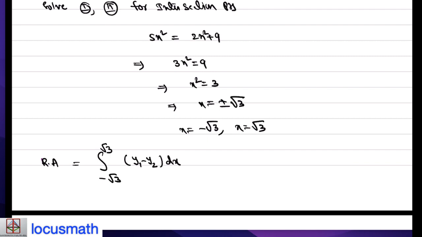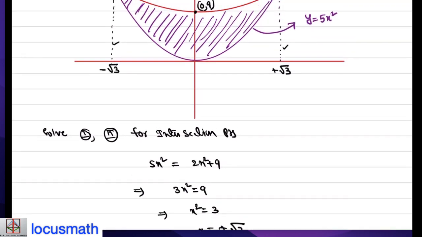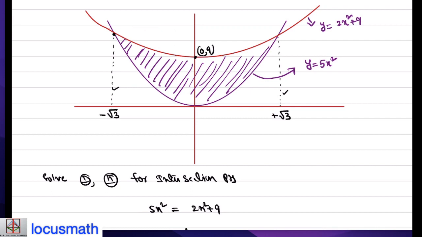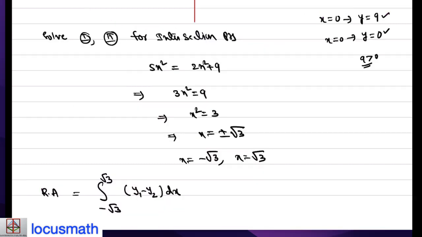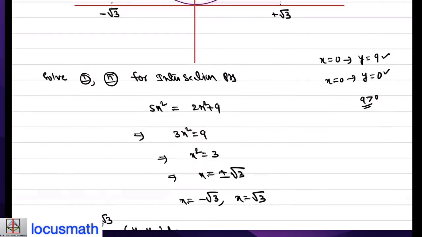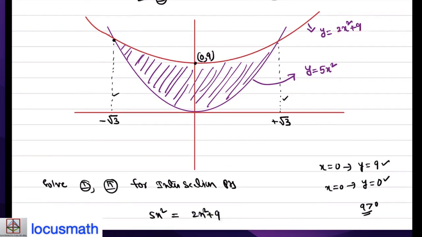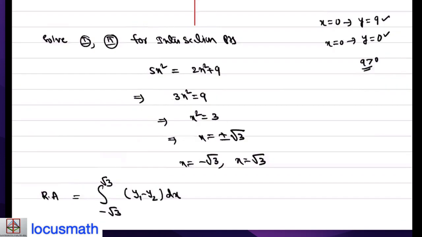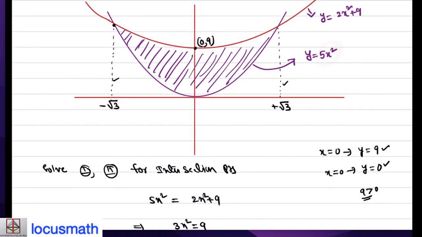So now we have to find which curve is above and which curve is below with respect to the x-axis in order to decide y1 and y2. Actually we have drawn this diagram. So y1 here is 2x square plus 9. So y2 is this 5x square.